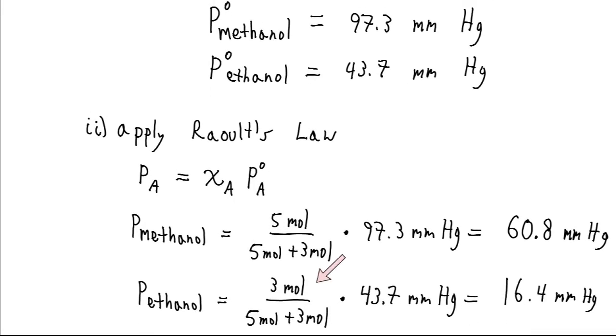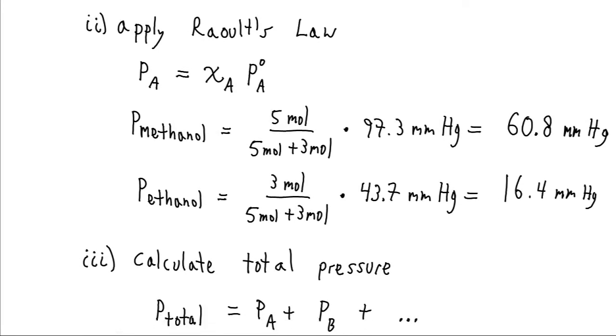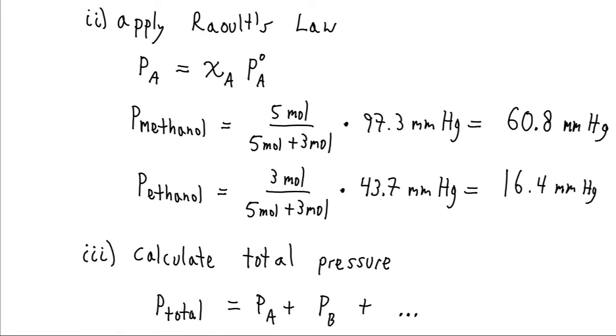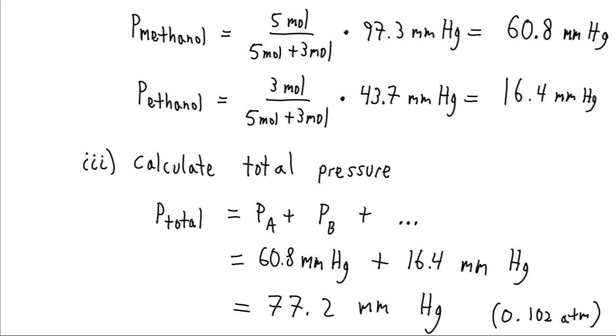In this case, it's 3 moles of ethanol over our total 8 moles times the 43.7. We get 16.4 millimeters of mercury. Now, if we add those together to get our total pressure, remember Dalton's law of partial pressures, the total pressure is just equal to the sum of the pressures of the individual gases, then that comes out to 77.2 millimeters of mercury, about 1/10 of an atmosphere.